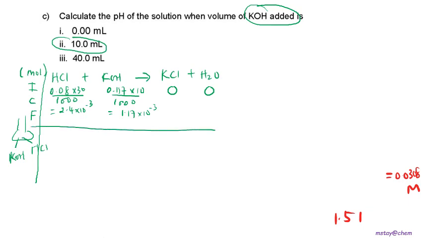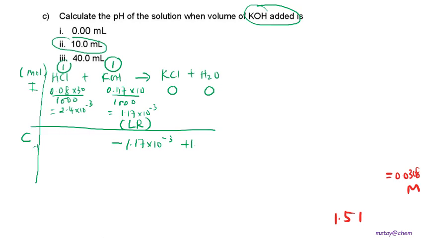Continue here with the changes of the number of moles due to the chemical equation that you write. You will notice that basically the ratio in the equation is 1 to 1. So in this case, the KOH is the limiting reactant. It will be completely used up in this condition. So we go minus 1.17 exponent negative 3.